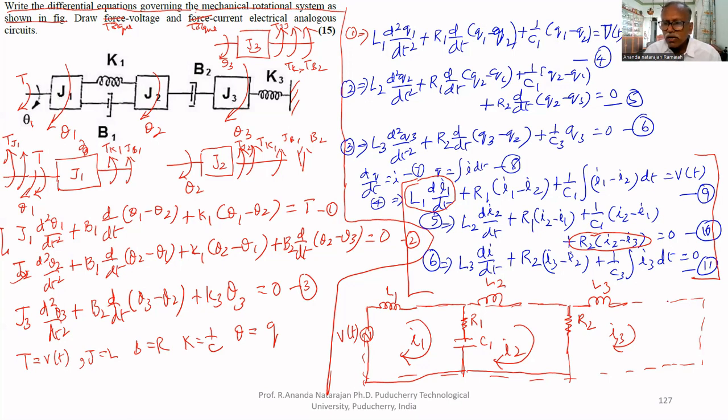C3 is present only in the third loop. C1 is common to both. That's all. B2 means R2. That's all.